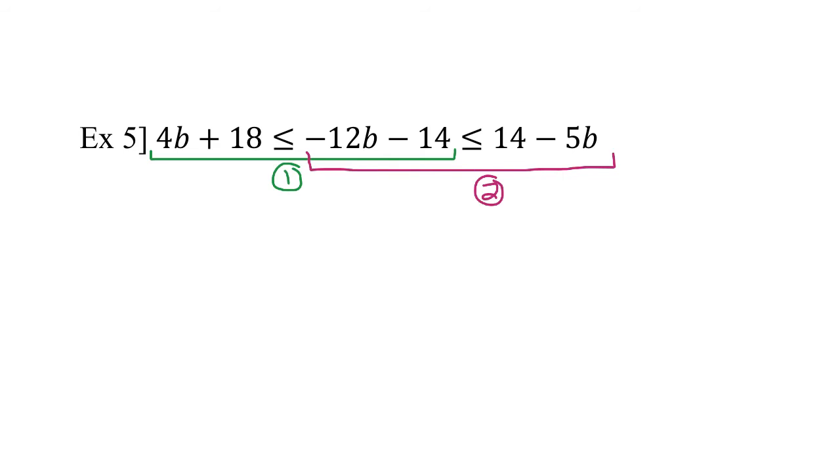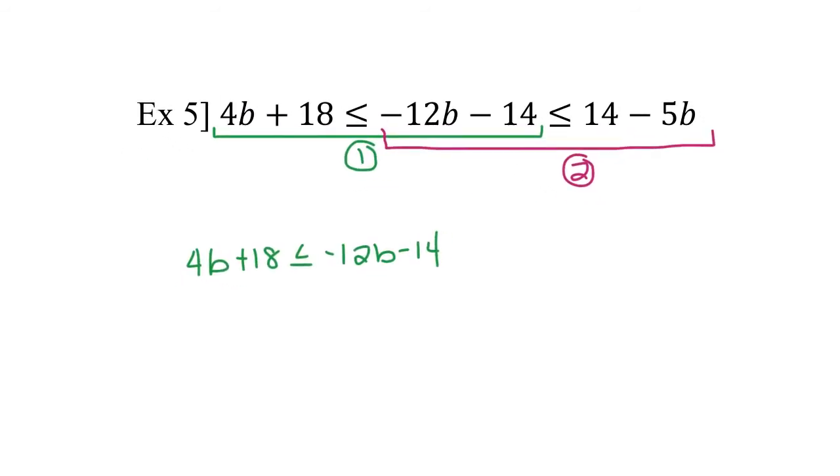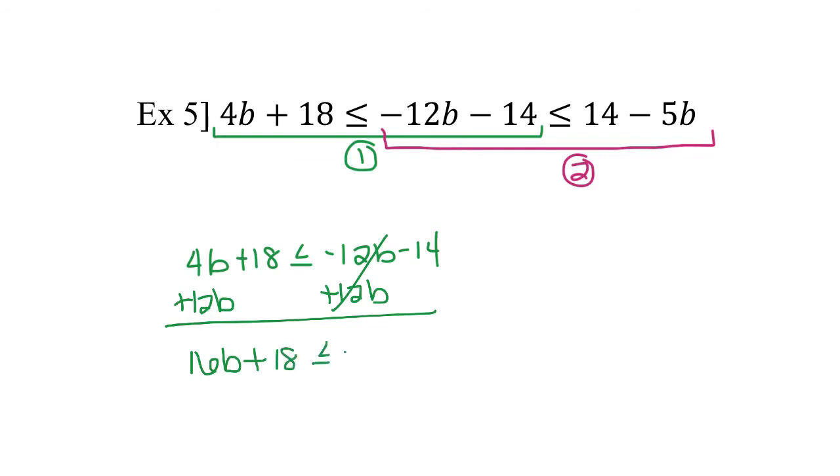So let's look at the first one. So I'm going to have the left side, 4b plus 18, and the middle, negative 12b minus 14. So let's work on solving this first. So I'm going to move my variables to the left. So we have 16b plus 18 less than or equal to negative 14.